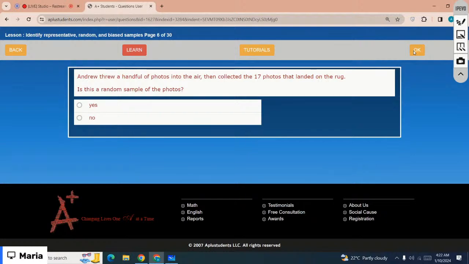The correct option is yes, right? Because he collected 17 photos that landed on the rug. So that is a random sample. The correct option is yes, this is a random sample.